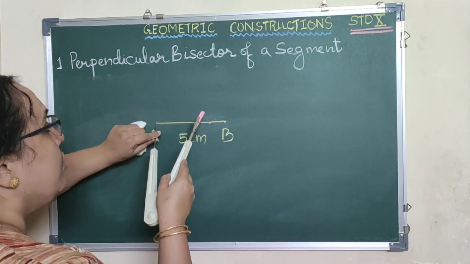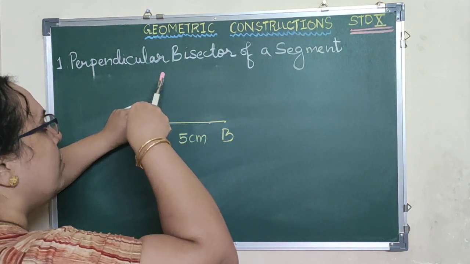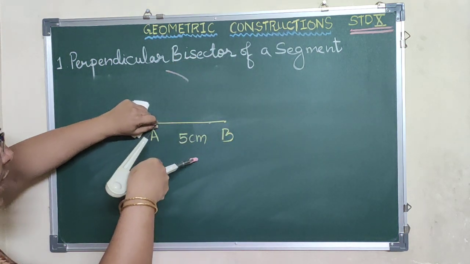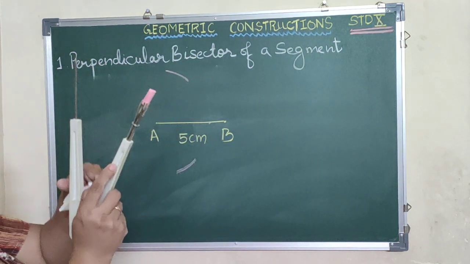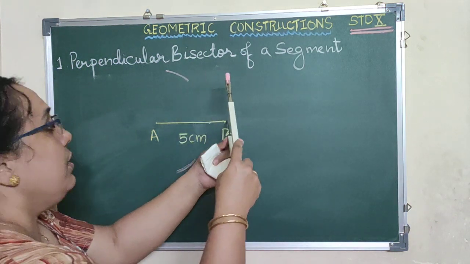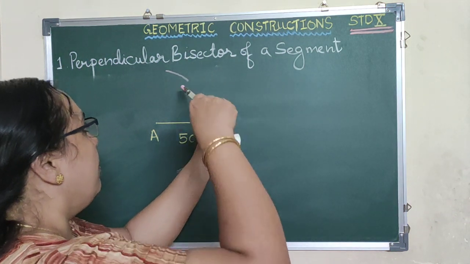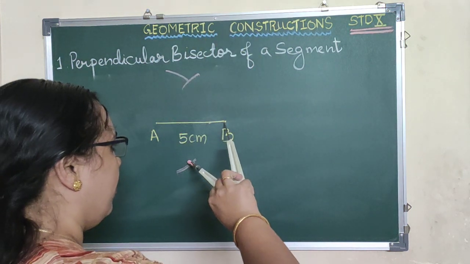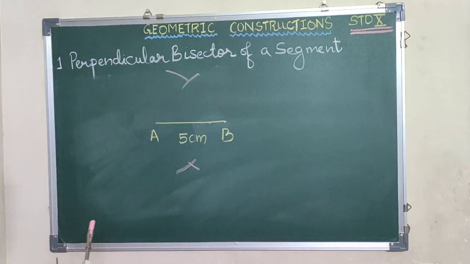Now keeping at point A, draw the arc above the segment as well as below the segment. Don't change the distance between the two ends. Keeping the same distance, keep at point B and cut the arc you have drawn. Now in this process, are you getting a common point?